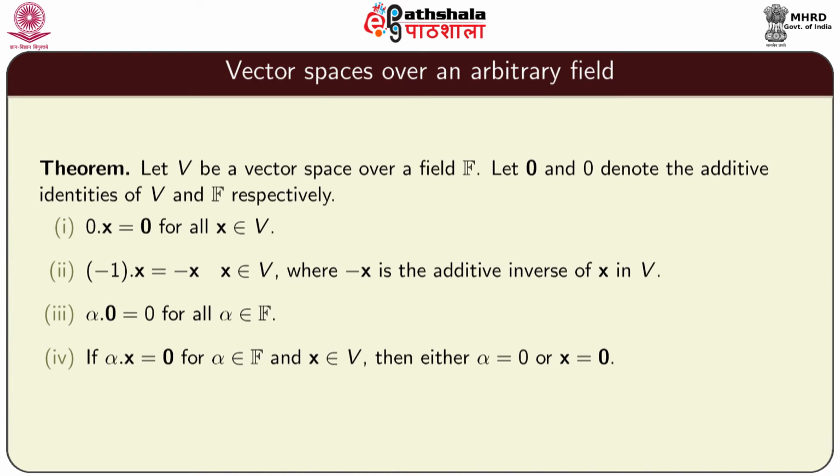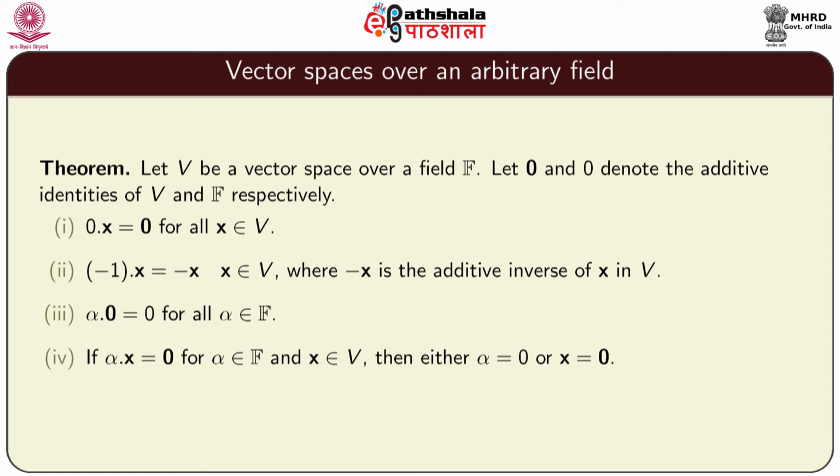Now, a theorem which helps you understand the vector space structure better. So, let V be a vector space over a field F. You can see two zeros, one in boldface, one in the regular font, and they are supposed to mean the additive identities of V and F respectively.